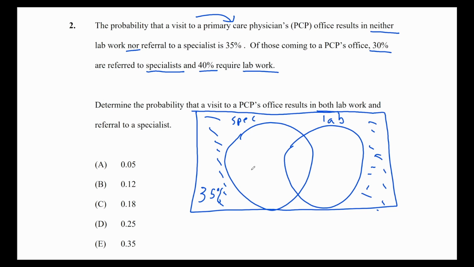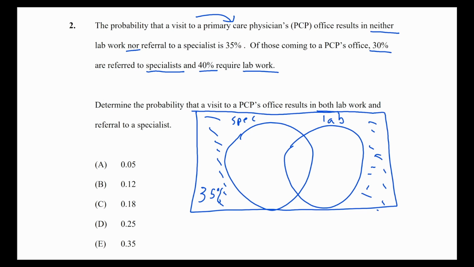Now, we know that 30% is in the specialist circle, and 40% is in the lab work area. So we're going to have to find the combined probability of both of these specialist and lab work areas.